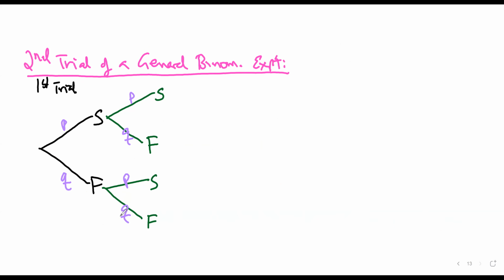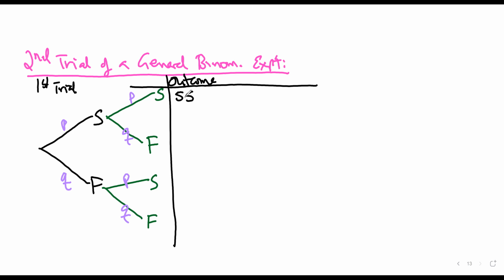Then just like we did in the first scenario, we can come up with the outcome. This is S followed by S, or SS. Or you can have S followed by F. Or you can have F followed by S. Or finally, you can have F followed by F. Then we are interested in the number of successes.